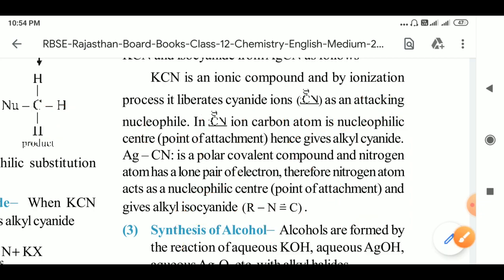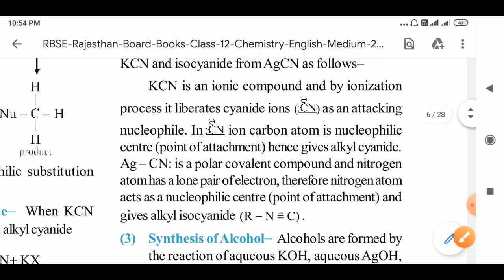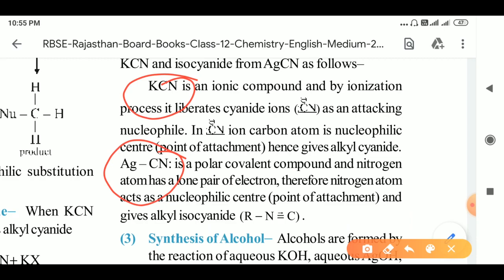Why? Because in KCN an ionic bond is present, but in AgCN a covalent bond is present. So by the bond difference between potassium cyanide and silver cyanide, the products are RCN and RNC respectively.